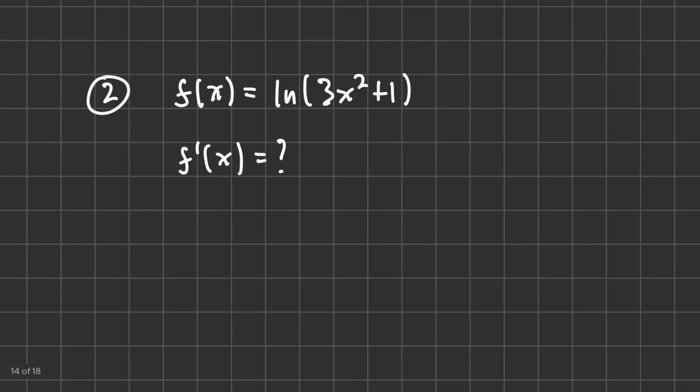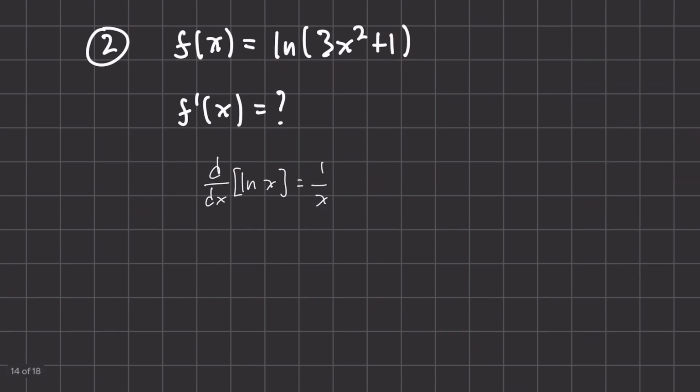Now, here, what you instantly notice is that there is a ln. So let's try to recite the derivative formula for ln x. The derivative of ln x is equal to 1 over x. But we know that we cannot just straight up apply that formula because we have a composition of two different functions. In this case, it's going to be ln, the whole thing, and then whatever's inside the ln.